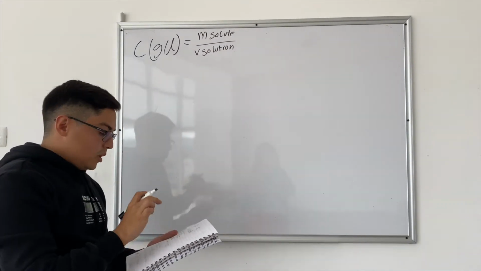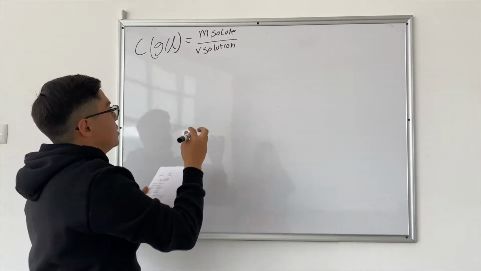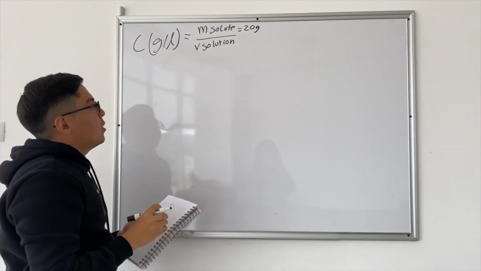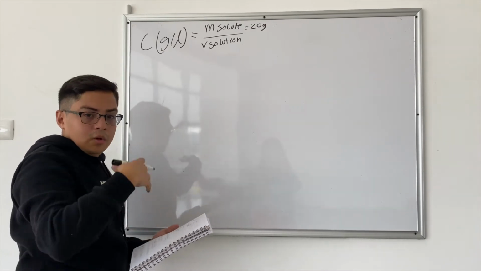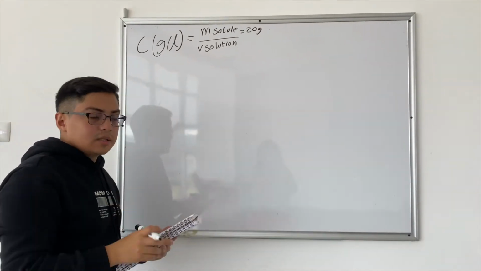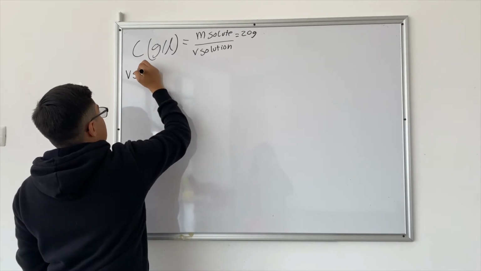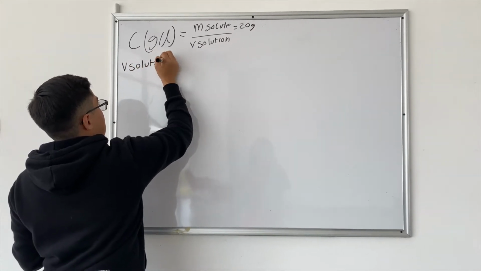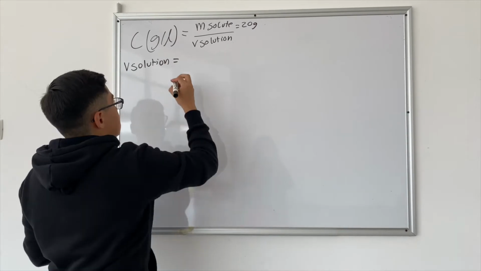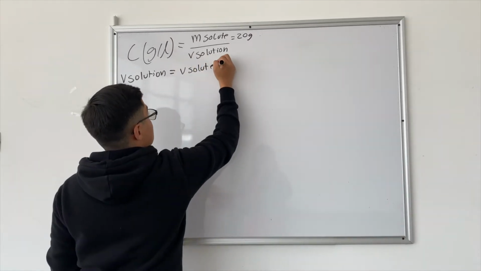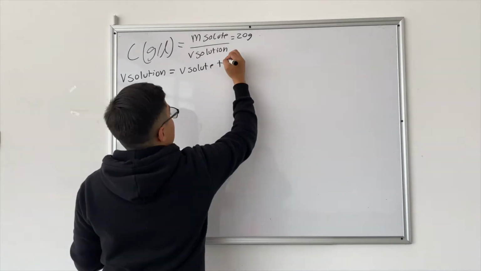According to our data, we know that the mass of the solute equals 20 grams, but we don't know what the volume of the solution is. So, in order to get the answer, we need to use the next formula. Volume of the solution equals volume of the solute plus volume of the solvent.